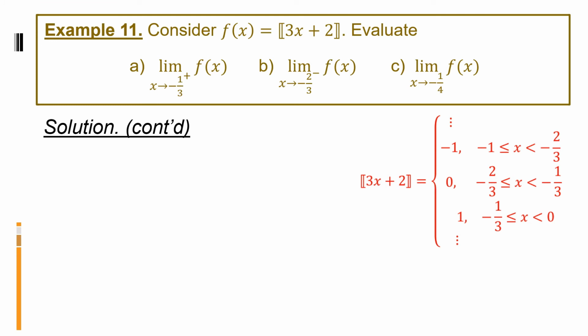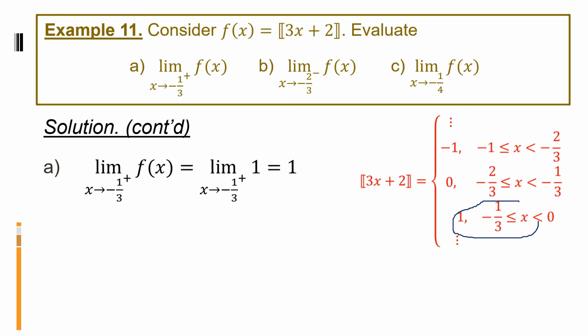So since alam na natin yan, then let's answer the first, the limit as x approaches negative 1/3 from the right. So from the right is ito, kasi greater than negative 1/3 siya. So the limit now is 1 as x approaches negative 1/3 from the right, so that is just equal to 1.